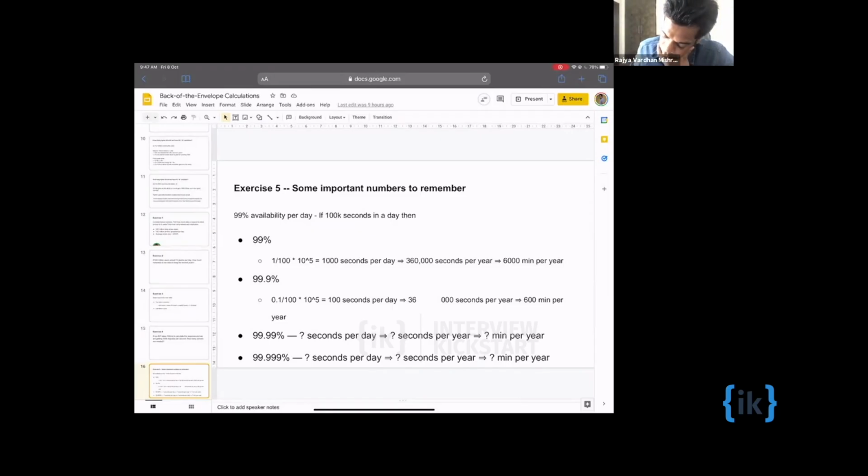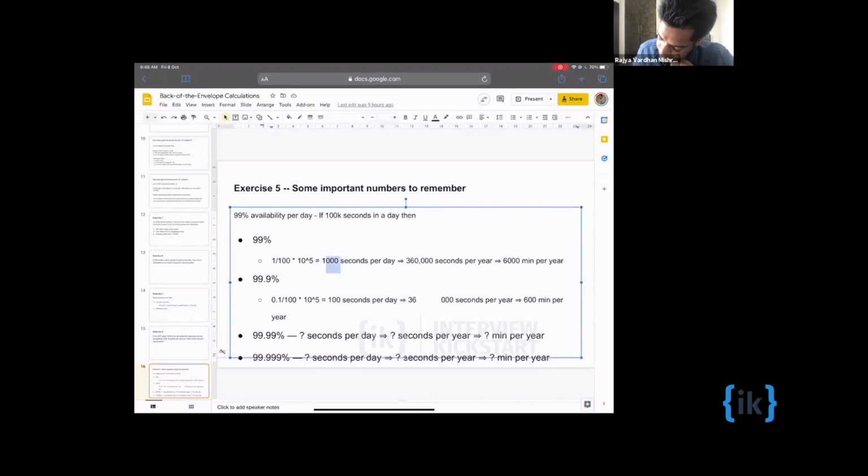So this is how it is done. 99% availability per day, right? That means 1% of the time your system was not available. So if there are 100,000 seconds in a day, then 1% of 100,000 means your system was not available for 1,000 seconds in a day.